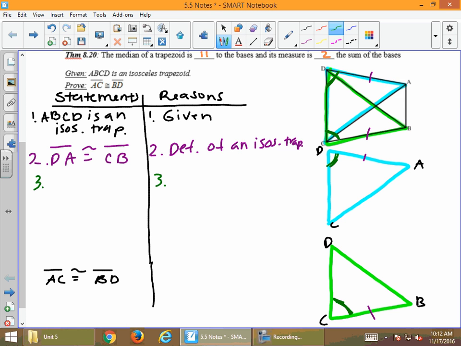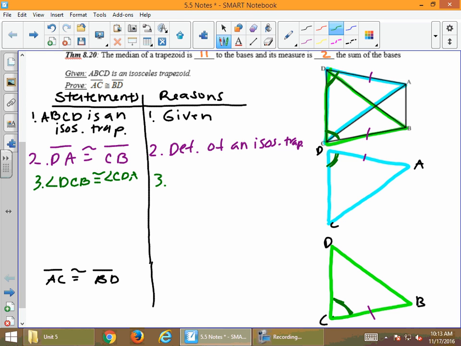So we're going to say, looking at the green triangle, DCB. It's congruent to, if we went DCB in the green triangle, how do we have to name that other angle in the blue triangle? Yeah, CDA. We went from none to the green arc to the purple line, so none to the green arc to the purple line, so CDA.